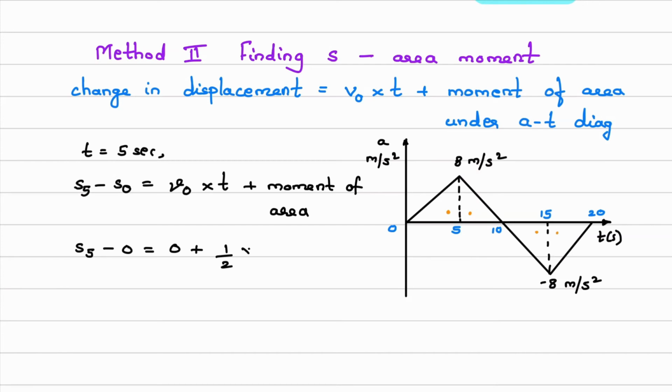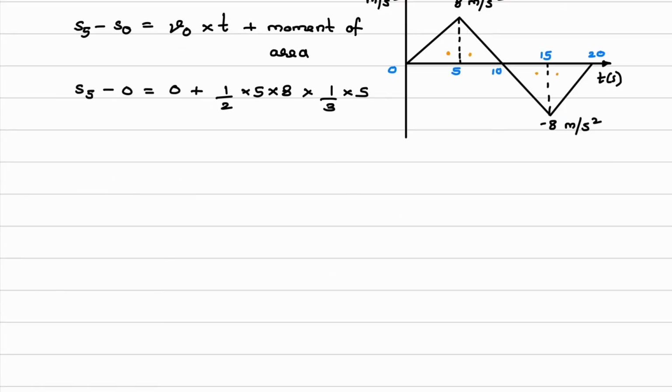Half into 5 into 8. Now moment we have to take with respect to this 5. So what will be this distance? We had discussed this during centroid. If you consider right angle triangle, side opposite to hypotenuse, from that point distance of centroid, it is 1/3. Okay, so x distance is 1/3, y distance is also 1/3. So this distance will be 1/3 of 5 into 1/3 of 5. So this S5 is 33.33 meter.